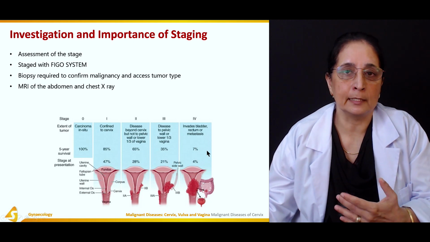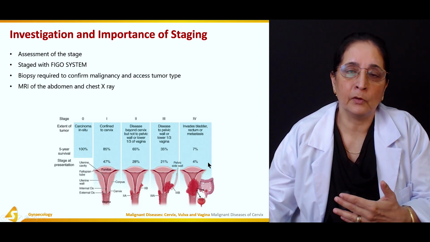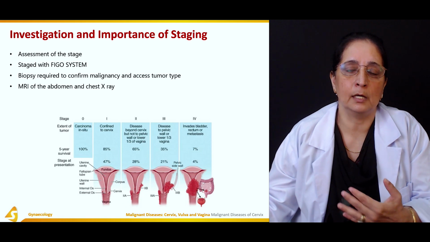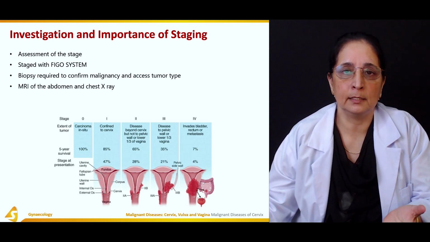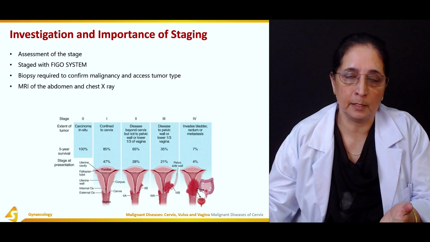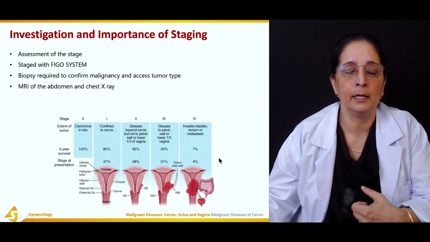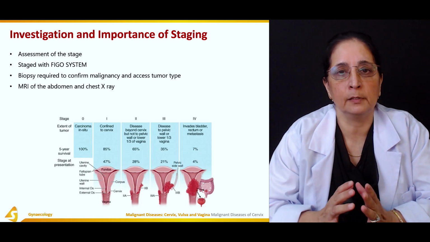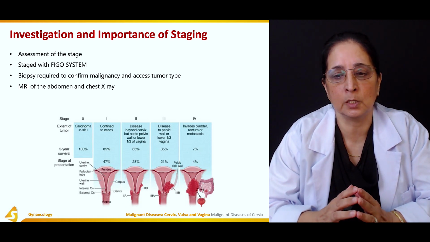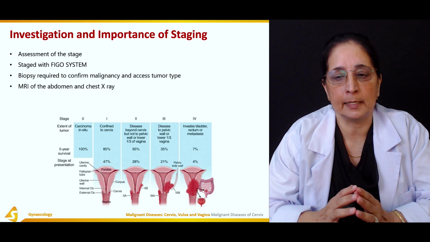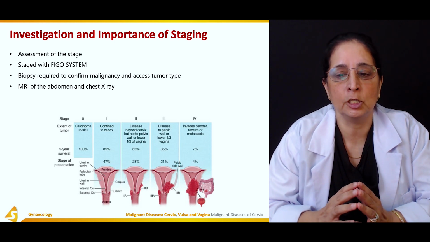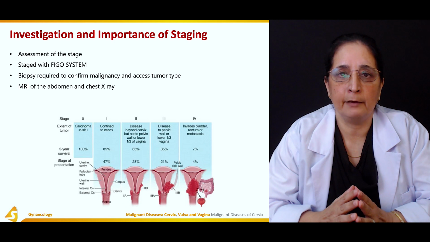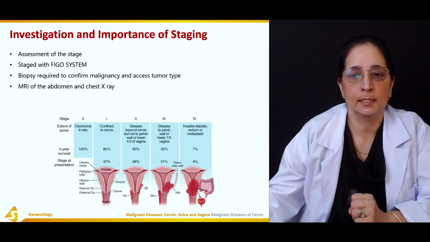So that's good. It means that a lot of people are diagnosed early, and the earlier the diagnosis, the better is the prognosis and the better is the 5-year survival rate. So only 4% of the patients who are diagnosed with cervical cancer are at stage 4, and their 5-year survival is just 7%.